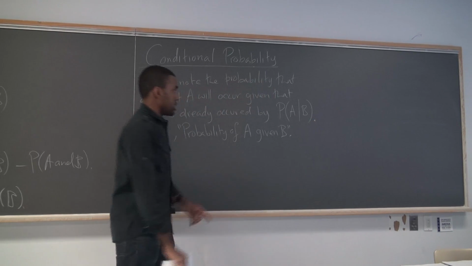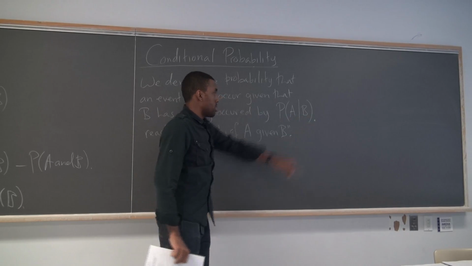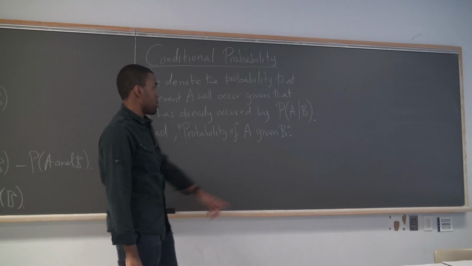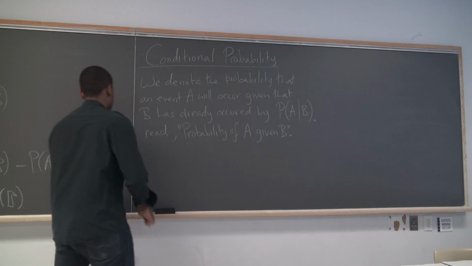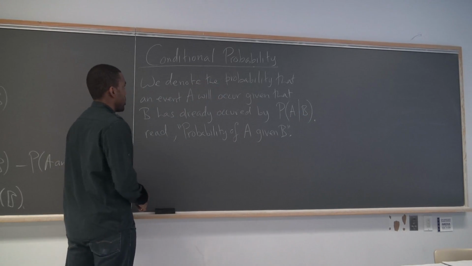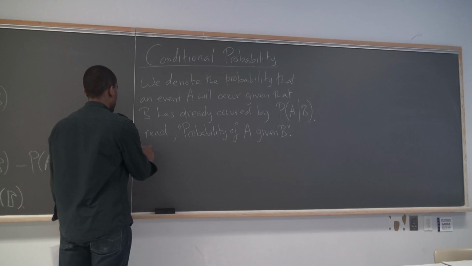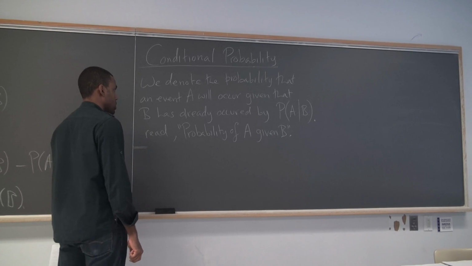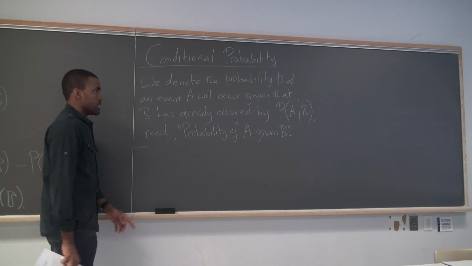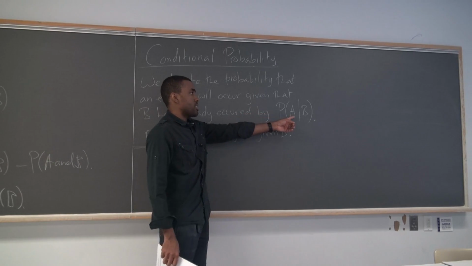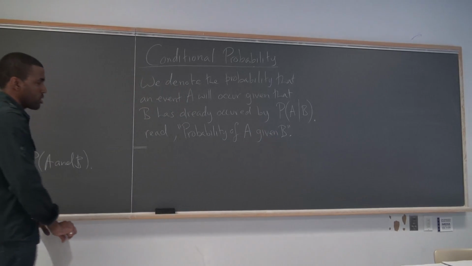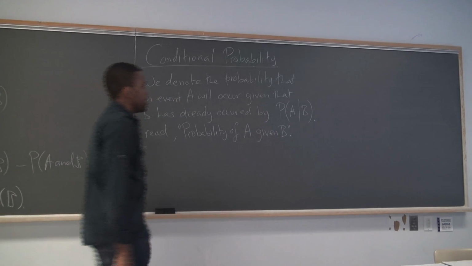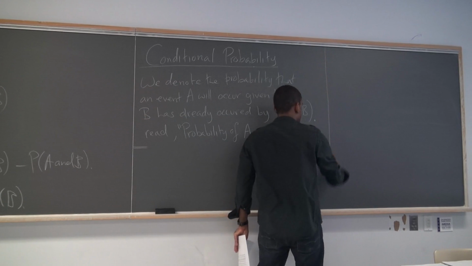Right? So that's the notation. The probability of A given B. Basically what this means is what is the probability that A will happen given that B has already happened. Right? So sometimes things work out in terms of conditions, right? Meaning the chances of something happening might depend on something that happened before, right? So whenever you have this sort of situation coming up, then we say we have a conditional probability.